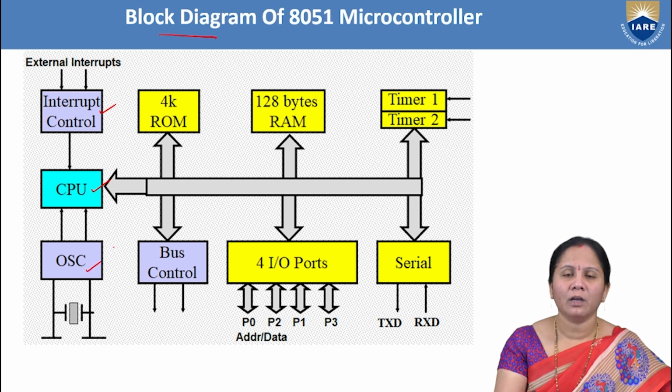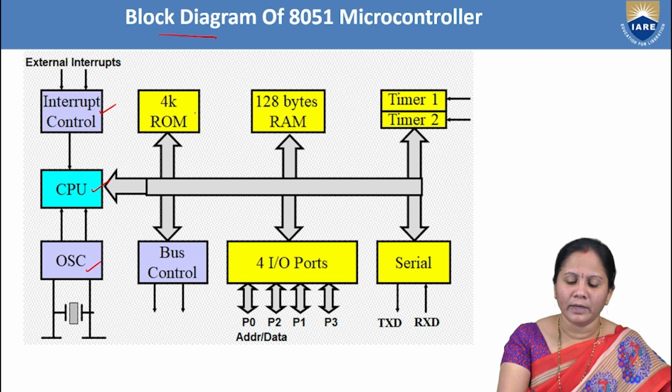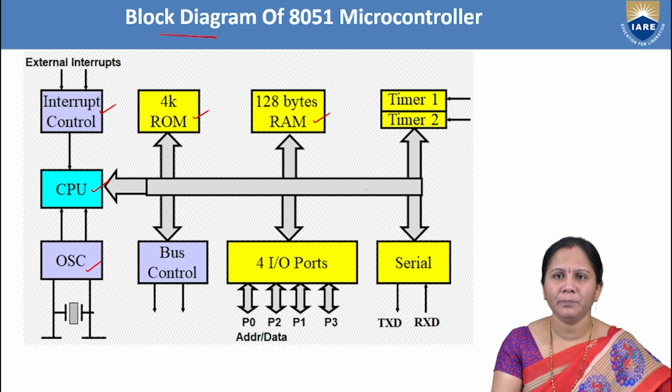This is OSC, which represents the oscillator circuit, the unit that produces the clock frequency. Here are 4 kilobytes of ROM and 128 bytes of RAM, which together form the memory unit.